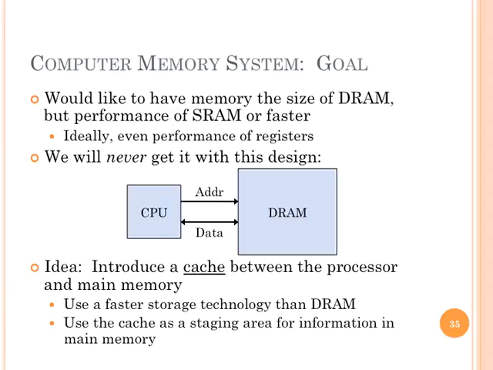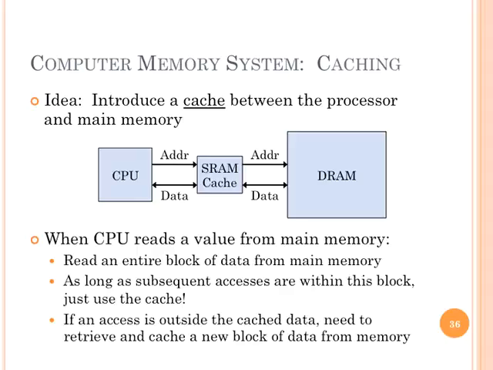We can move some additional information from DRAM in there, and we can improve our performance. So when the CPU reads a value from main memory, we read not just that thing, but we read a chunk of information around it. And we move that whole block into the cache, presuming, of course, that the program is going to access other stuff nearby.